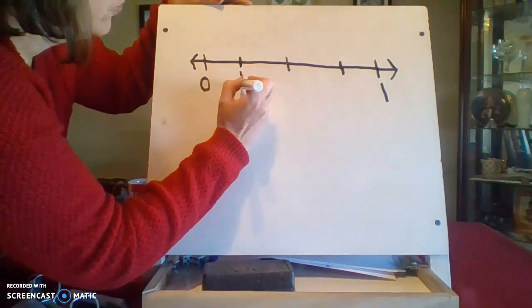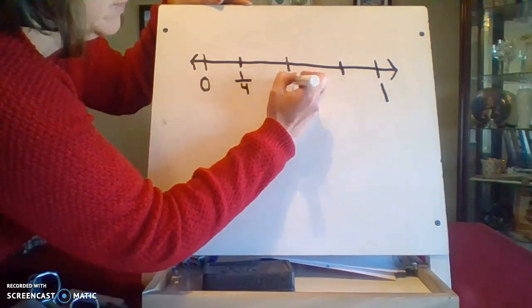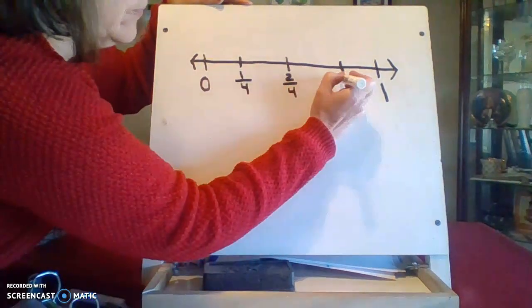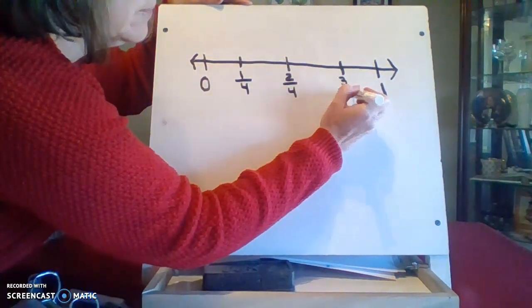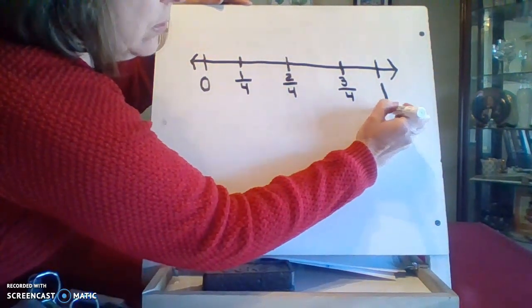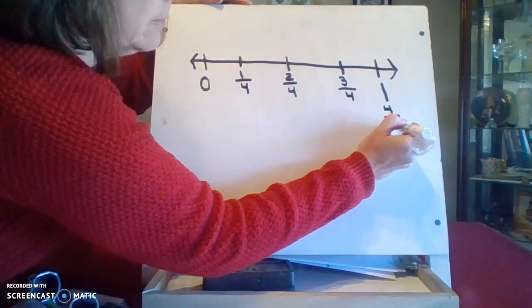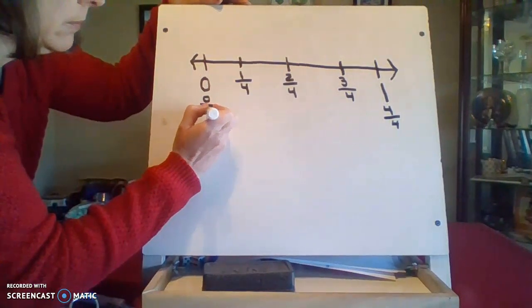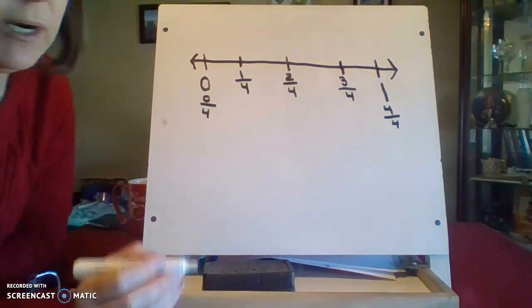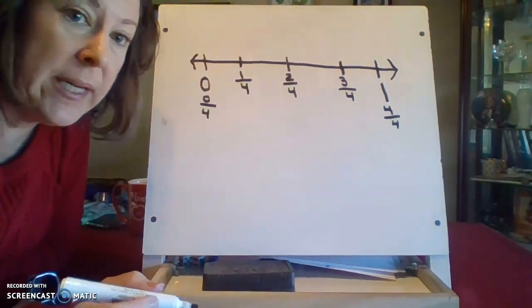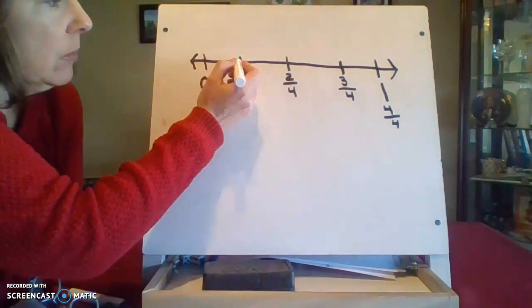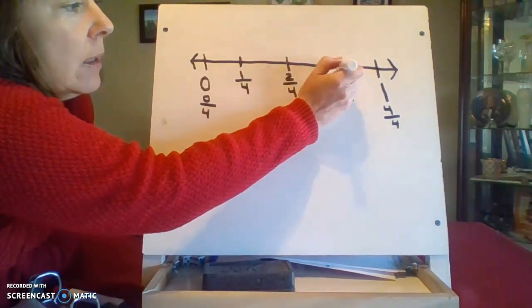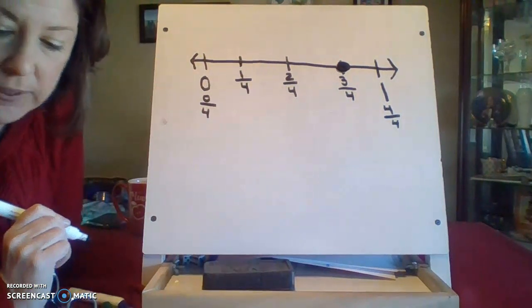I have 1/4, 2/4, 3/4. I know that 1 whole is 4/4. And I know that 0, well, that just means I have 0/4. And what I want you to do is plot a point on 3/4. So 1/4, 2/4, 3/4.